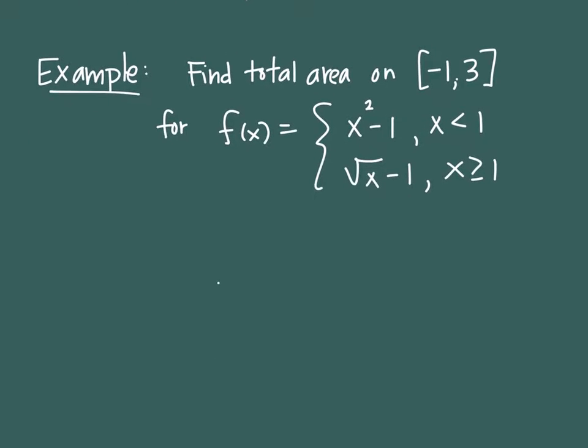So this graph is going to be a parabola connected to a square root function. So visually, we have our parabola, which is moved down 1 unit. So there's our parabola.